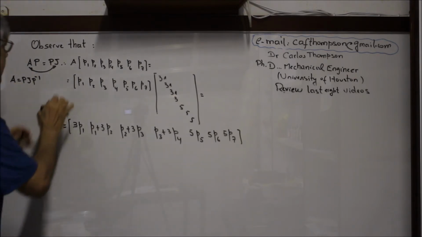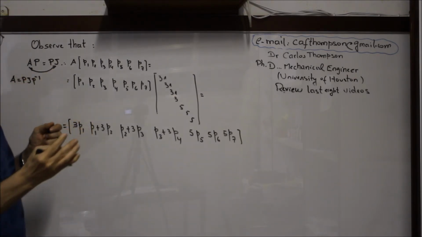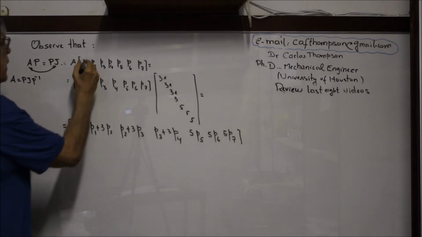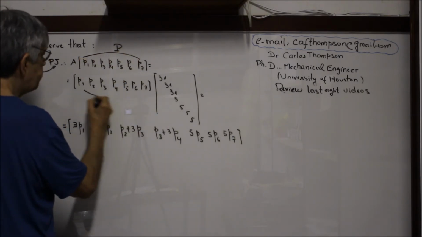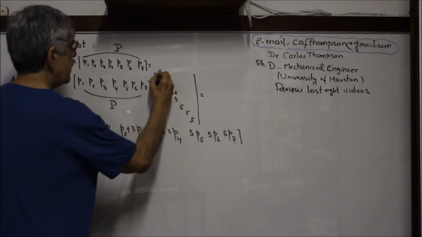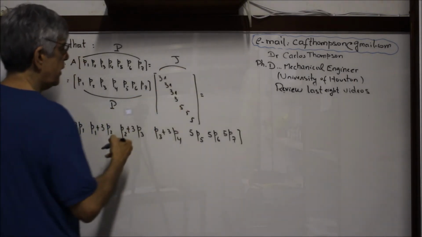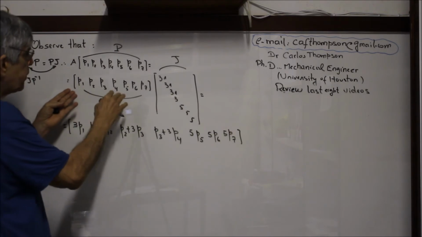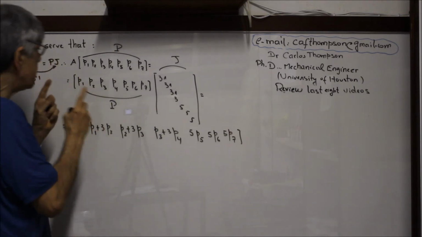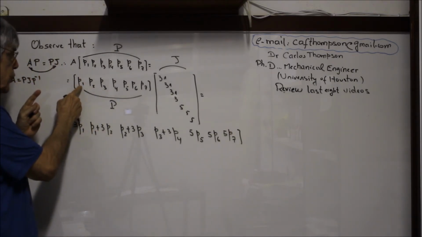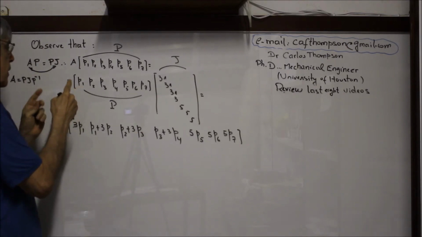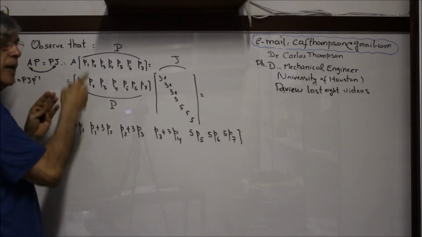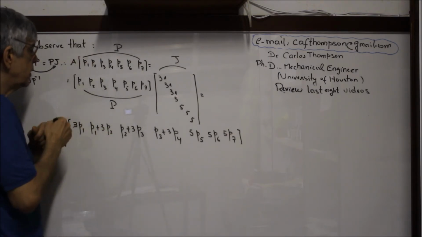Okay, now, let's do what we did previously. AP is equal to PJ. This is our J. Okay, let's multiply. Always remember that each eigenvector has 7 elements in its column.